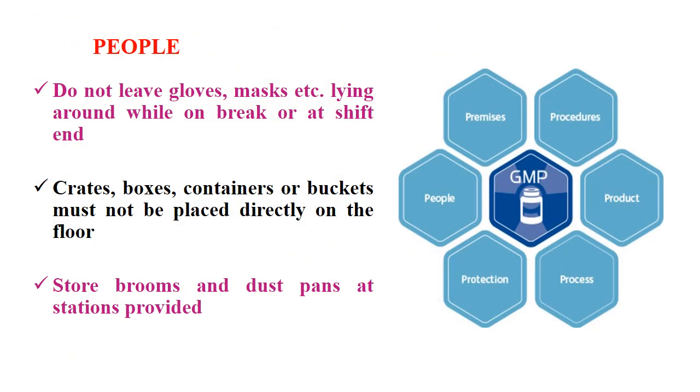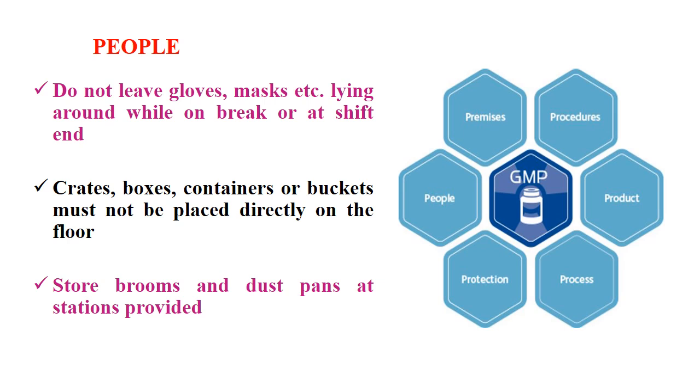Out of these 5 P's, first is the people or personnel, who play a major role. For them there are some more specific instructions, like do not leave gloves, masks etc. lying around while on break or at shift end. The crates, boxes, containers or buckets must not be placed directly on the floor.